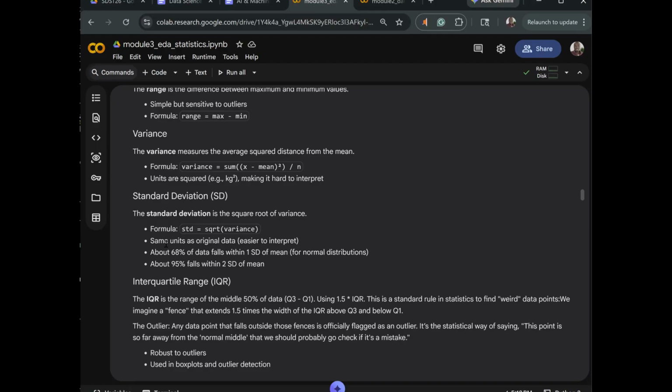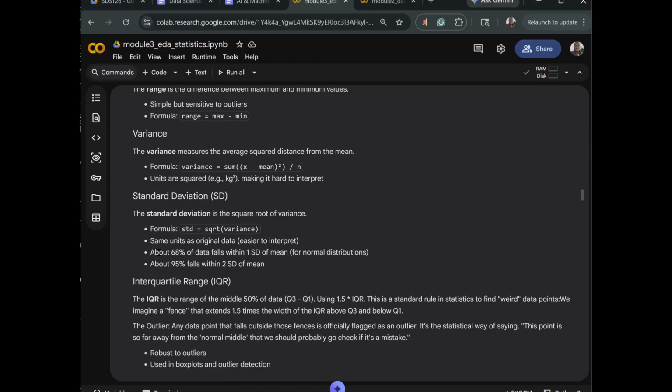Then there is a general rule of thumb that says about 68% of data falls within one standard deviation of the mean. So for every normal distribution, 68% of the data is within one standard deviation of the mean.